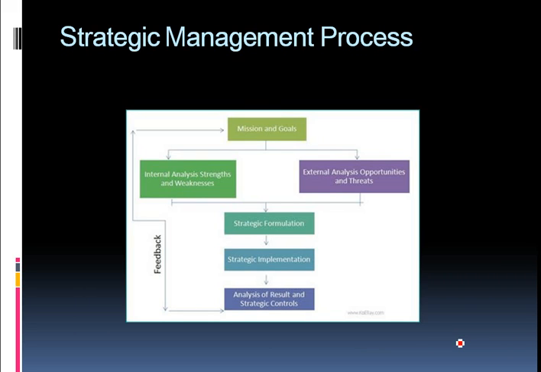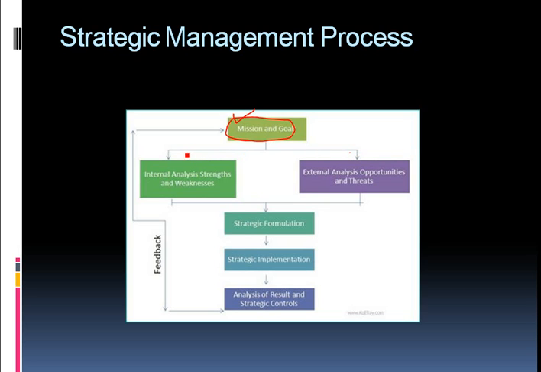The next topic of this lesson is the strategic management process. In the strategic management process, you have to identify the mission and the goals of your organization, and you conduct the SWOT analysis.